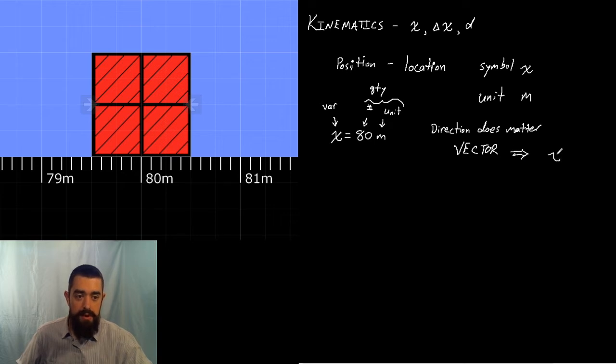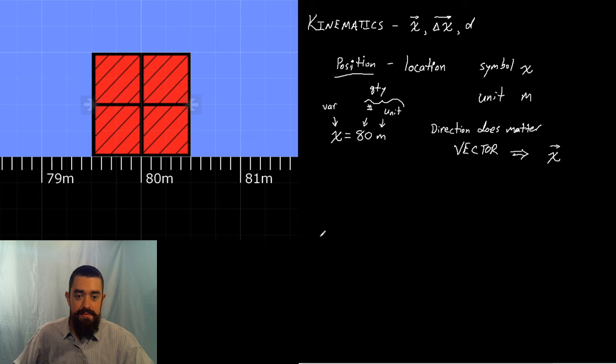That means whenever we write this letter X, we could write a little arrow over top of it to show that the direction does matter. So in kinematics, position is a vector quantity. It gets an arrow over top of it. Displacement is a vector quantity. And distance is not a vector quantity. So I'll take that away. Okay, so that was position.